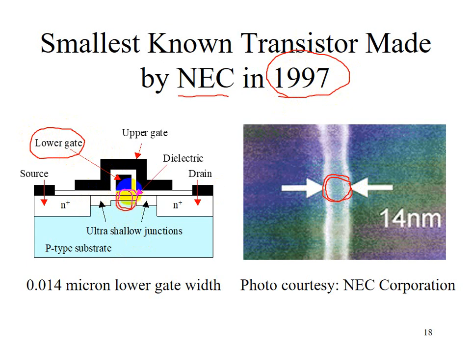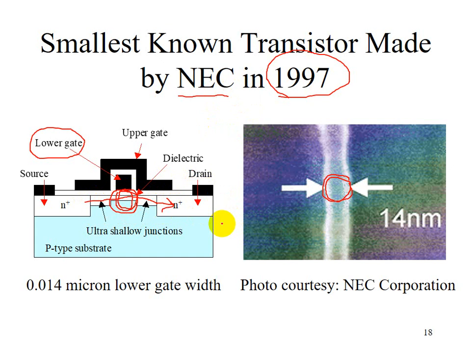The size of the lower gate is 14 nanometer, and this is the distance that your signal is going to pass through from the left to the right.